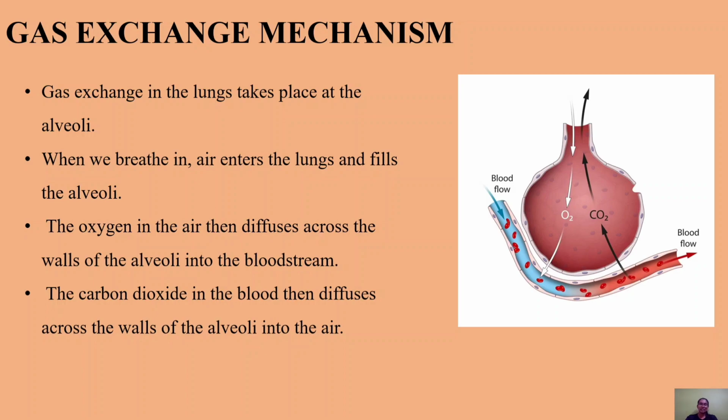The carbon dioxide diffuses from an area of high concentration to an area of low concentration, that is, from the blood to the alveoli. The amount of carbon dioxide that diffuses into the air depends on the concentration of carbon dioxide in the blood, carbon dioxide in the alveoli, and the thickness of the alveolar walls. So this is about gas exchange mechanism.